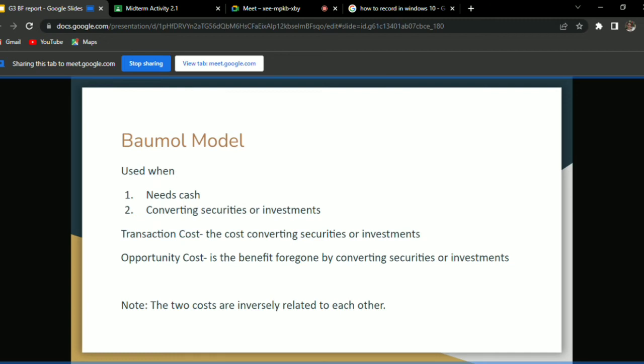Pero naa pay benefit nga mawala. Kay imo man gikuha ang cash, mawala na tong investment income, which is ang benefit forgone. Kay imo naman gi-convert into cash imong investments, imo naman gikuha ang imong securities, mao nang mawala na sila. Note, the two costs are inversely related to each other.